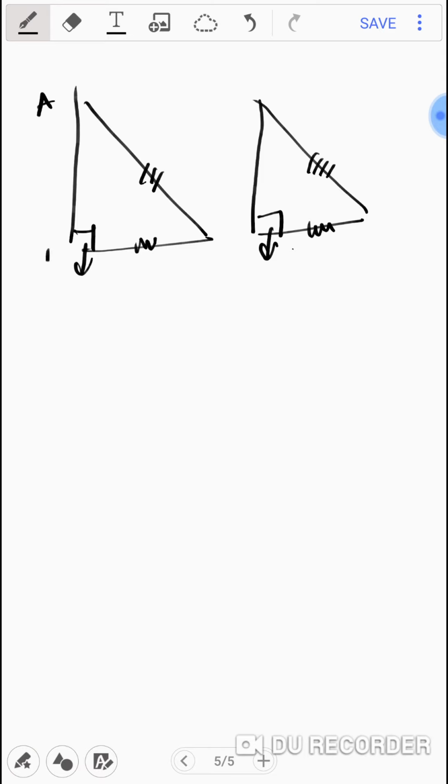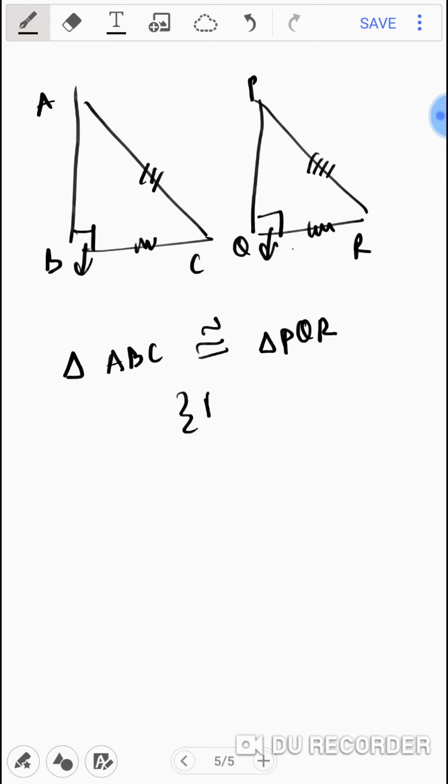So in this case, if I name them ABC and PQR, I will write triangle ABC is congruent to triangle PQR by RHS test. Specially, this test is applicable in right angle triangles where each has a 90 degree angle and the hypotenuse is equal.